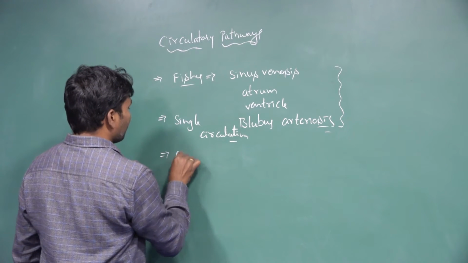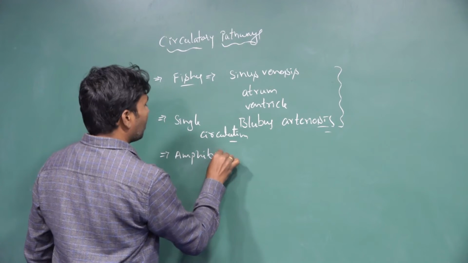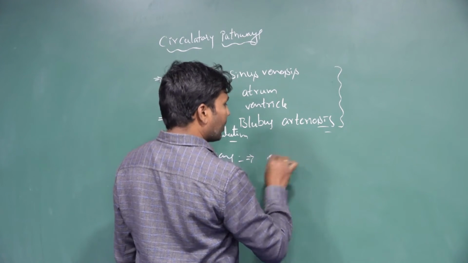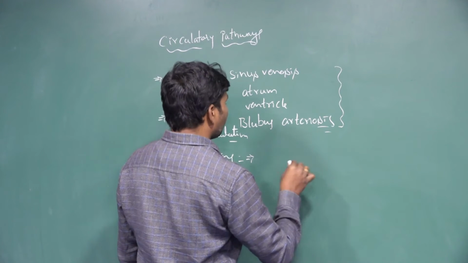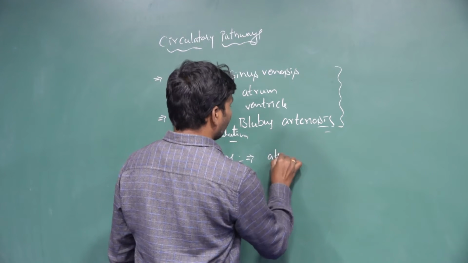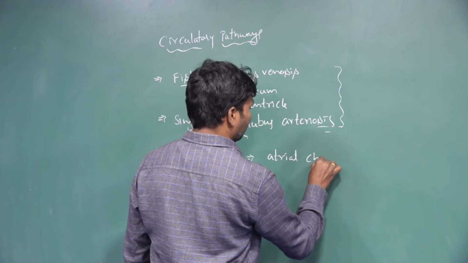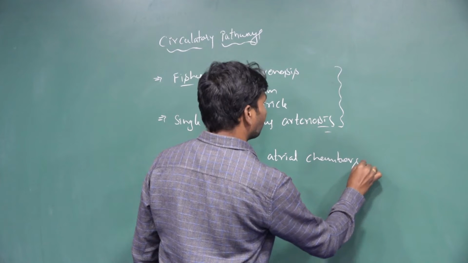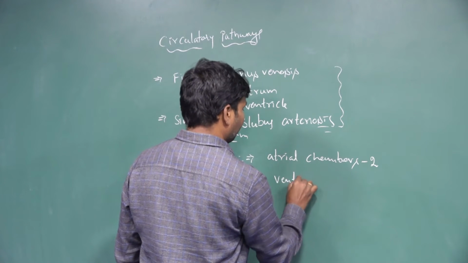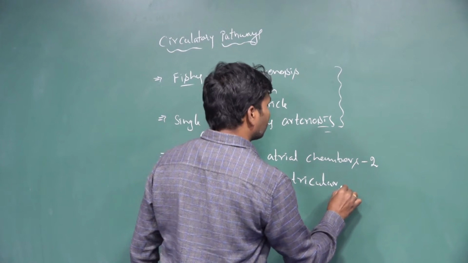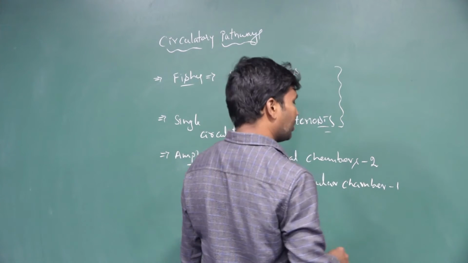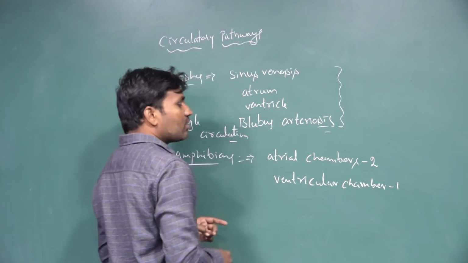In the case of amphibians, like frogs, the heart is incompletely divided. Three chambers are present: two atrial chambers and one ventricular chamber, which is incompletely divided.